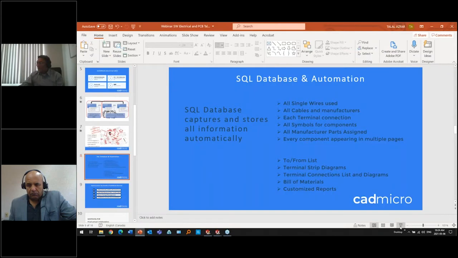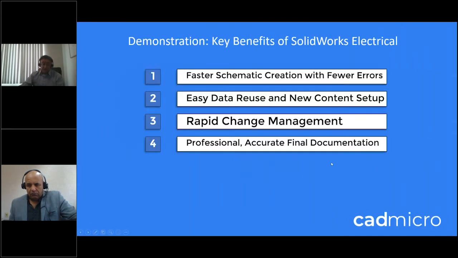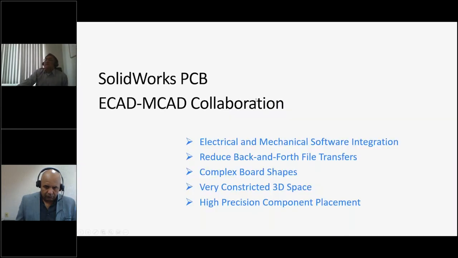So coming back to our talk, because of this SQL-based database system and the combination with electrical 3D, we have much faster schematic creation, we have rapid change management, and then you have integration of electrical and mechanical, right? Now, moving on in the same information system, there is SOLIDWORKS PCB. That's a separate software.